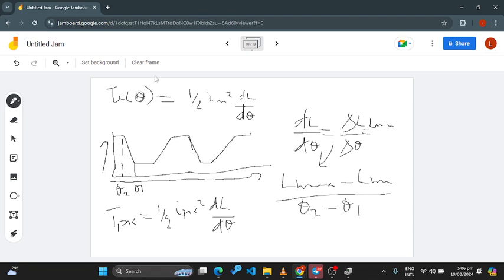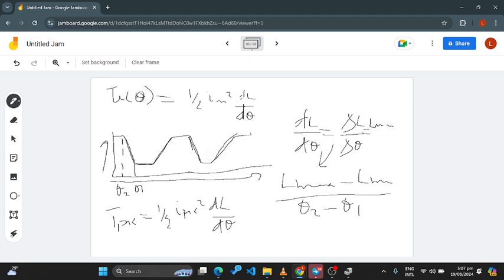Someone asked that I go over this again. So we are looking at the change here. It is constant, so the change here is 0. But where we have inductance changing with respect to rotor position is this side, this side, this side, this side.